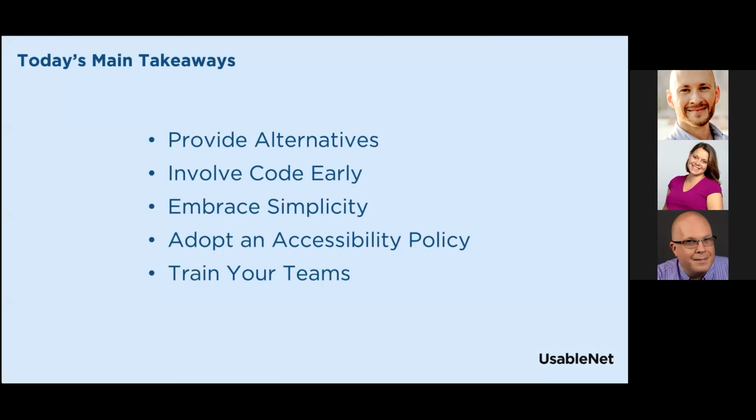But we should never actually assume that people with impairments are using assistive technologies to access our website. So it's important to provide alternatives that give users freedom to choose whatever works best for them, instead of forcing them into one single direction, as we've seen with the price range slider example.